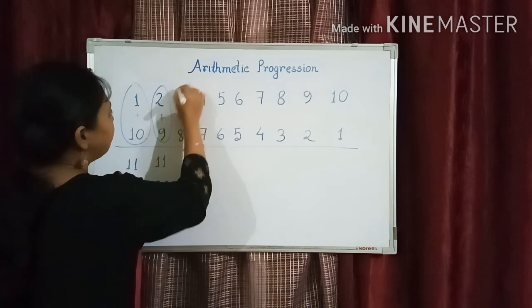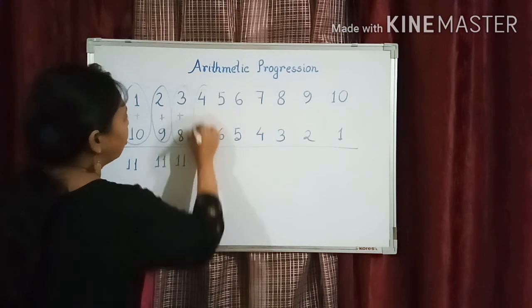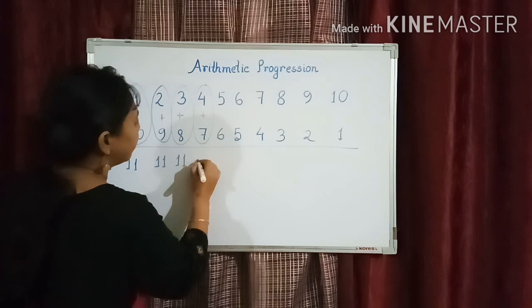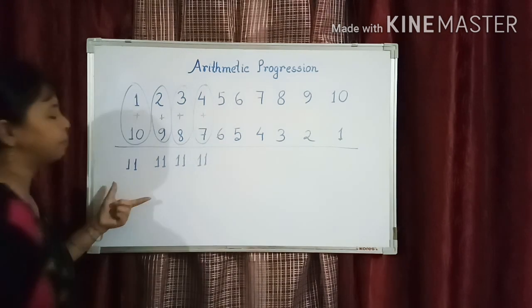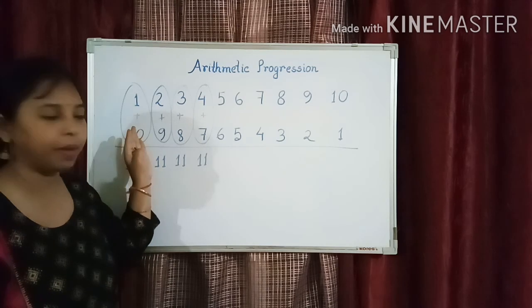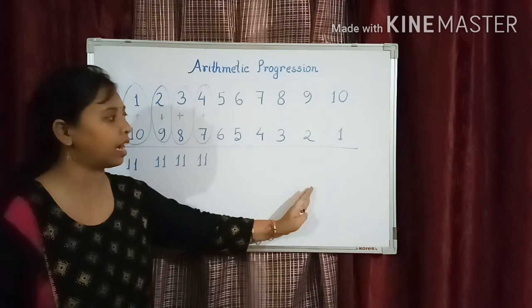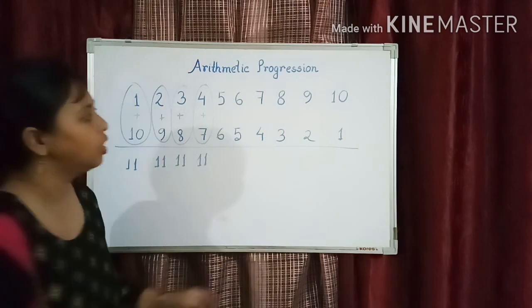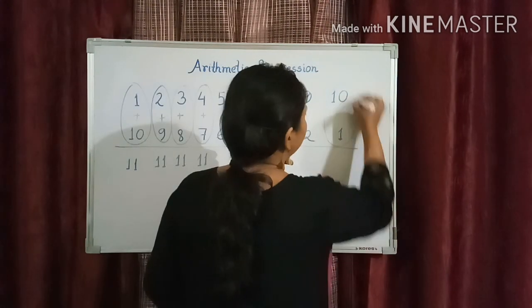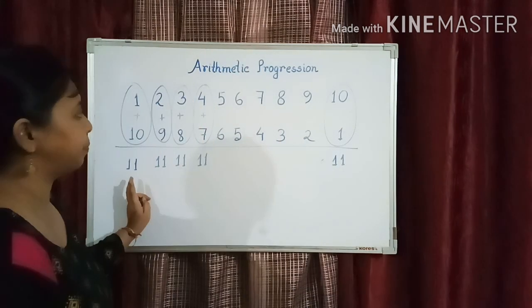Then 3 plus 8 will be 11. 4 plus 7 will also be 11. So what am I getting? The first terms of both series when I add, I get 11. Second, third, fourth, like this, all the terms I am getting the same. The last also, you know, is 11. Means that everywhere I am getting 11.